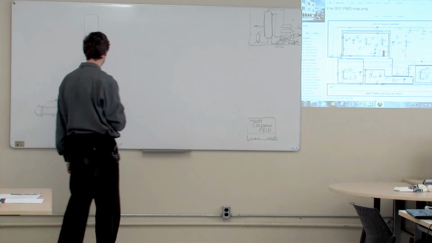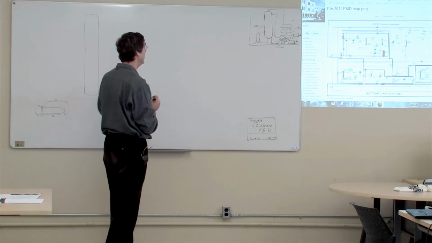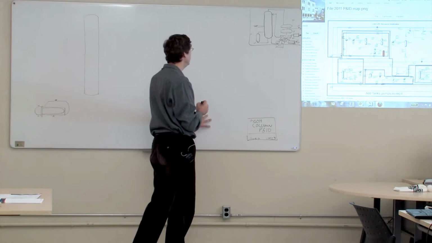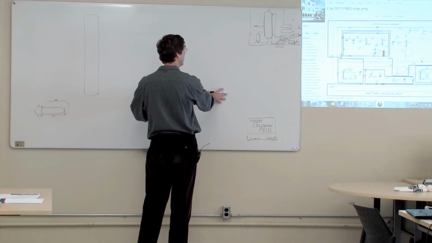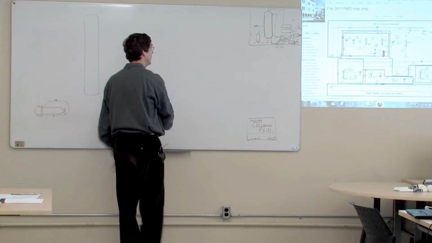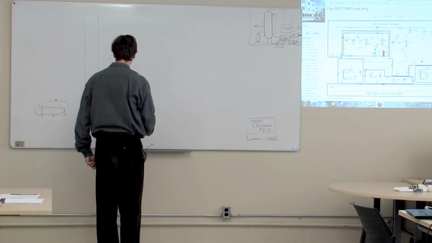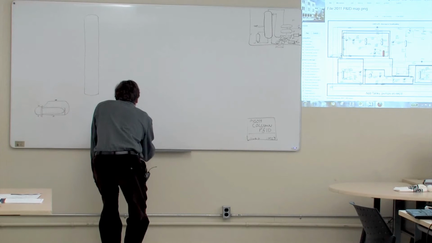I need to get my bottoms pumps and a cooler in here probably, my reflux pumps, and the reflux drum, and the condenser about there. Okay, so let's put those in. There's one pump.